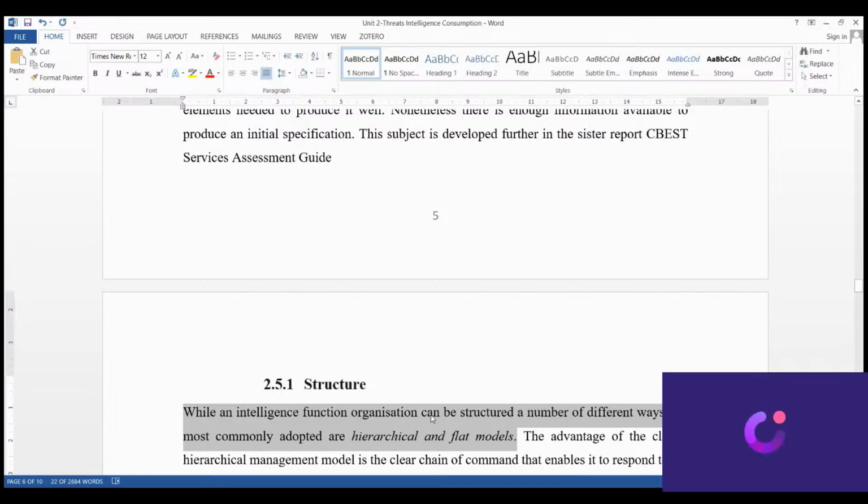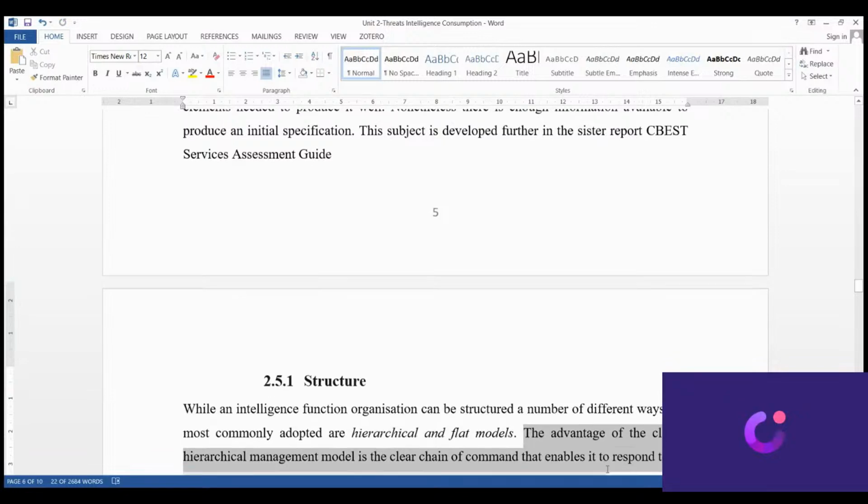So in terms of the structure, we are trying to see how the intelligence function can be structured in the organization.